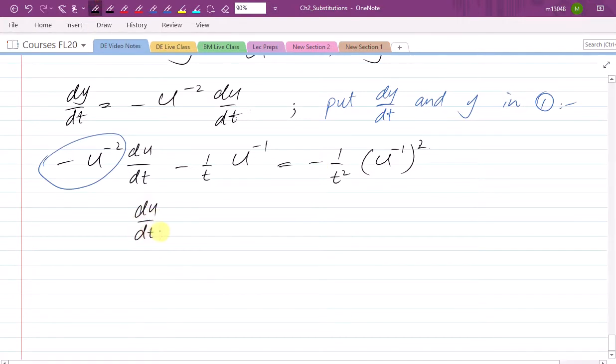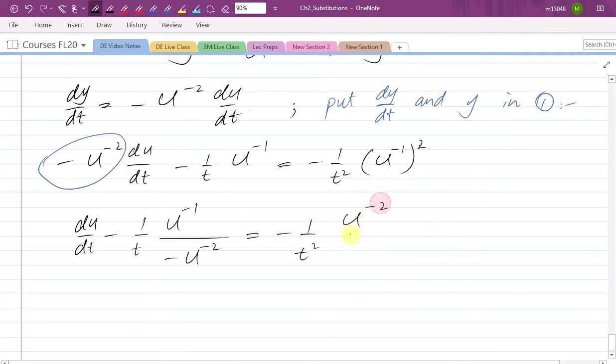I'll record the step here: du by dt minus 1 over t u power minus 1 over minus u power minus 2 equals 1 over t square u power minus 2 over minus u power minus 2.